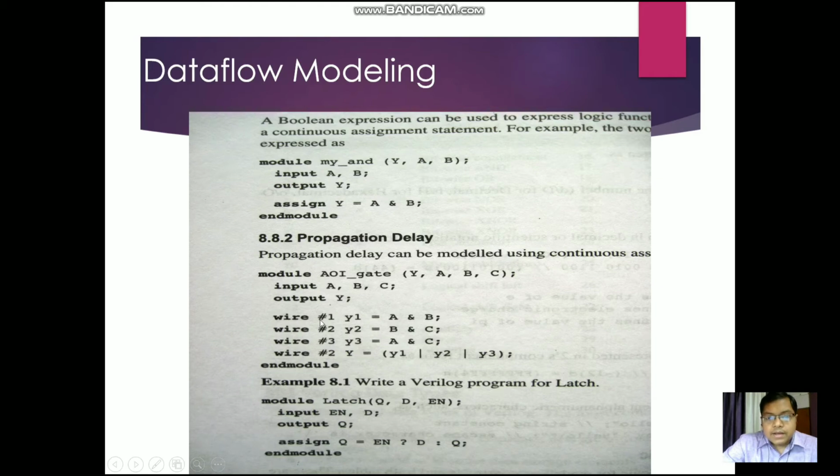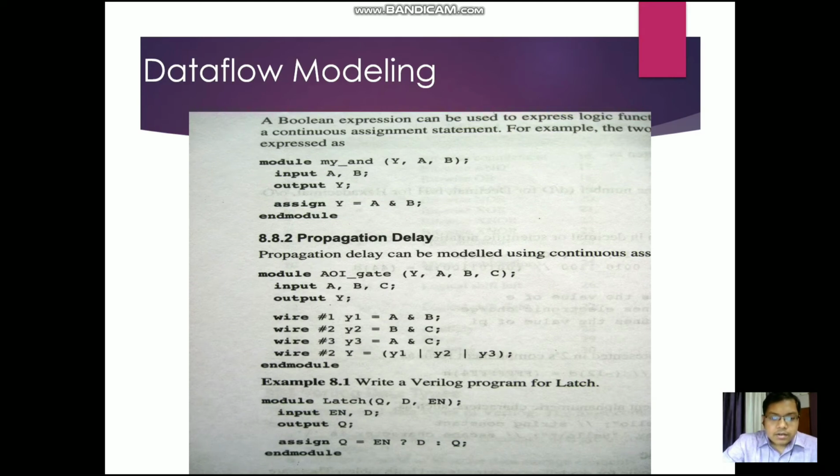If you place hash 1, it means 1 nanosecond, hash 2 means 2 nanoseconds, hash 3 means 3 nanoseconds, and so on. What it will perform is that the first operation between A and B will be given to y1, and that will be connected to y2, where the second operation will be performed after 2 nanoseconds, so the third operation will be performed after 3 nanoseconds, and the final operation will be performed after 2 nanoseconds.